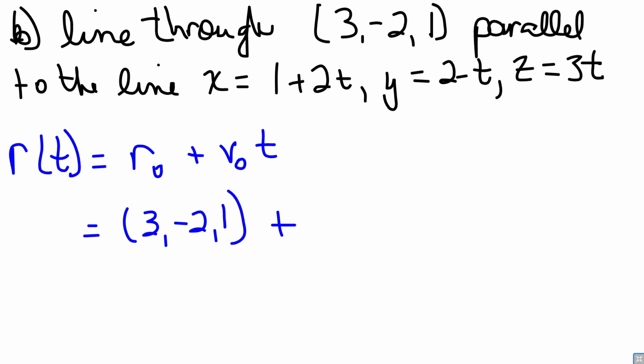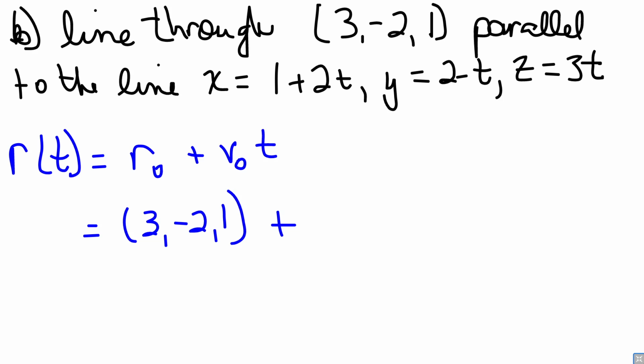So since we know that the parametric line that we're writing the equation for is parallel to the given line, what do we know about parallel lines? They have the same slope. So based on the given line that I have, I've got to be able to identify the slope.